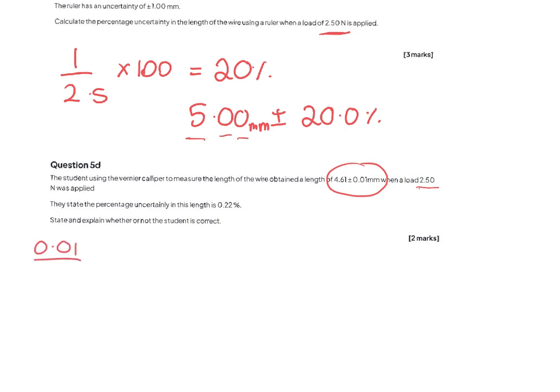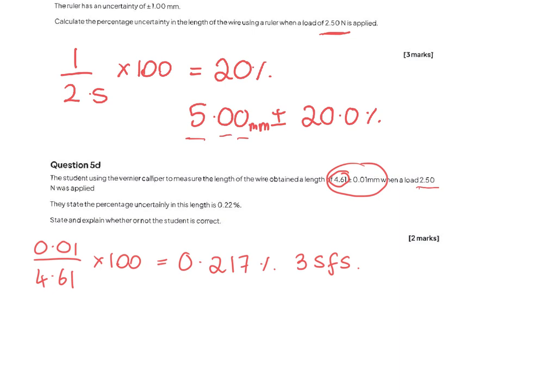We pop the absolute uncertainty over our value, and then we times it by 100. You are going to get 0.217%, 3 sig figs. So again, our question is to 3 significant figures. So our answer should be to 3 significant figures.